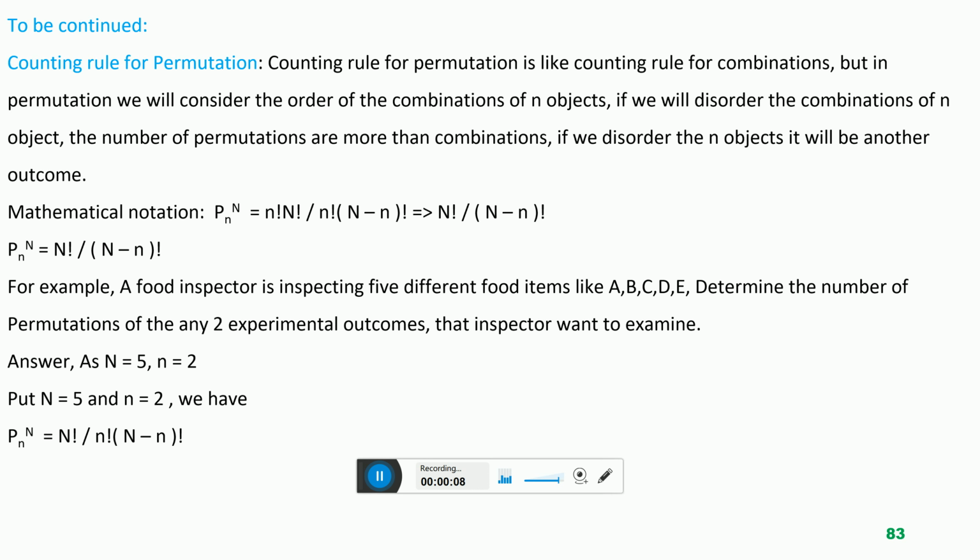In the previous lecture, we were learning the counting rule, and we studied the counting rule for combination. The counting rule for combination is used to determine the total number of experimental outcomes of an experiment in combination form.